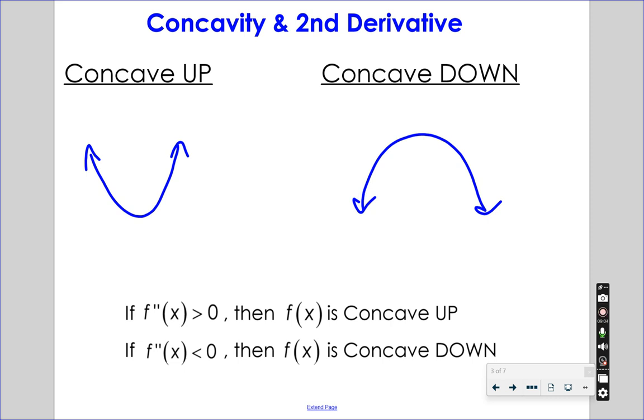Does anyone remember what that point is called when it changes concavity? Point of inflection. Very good.